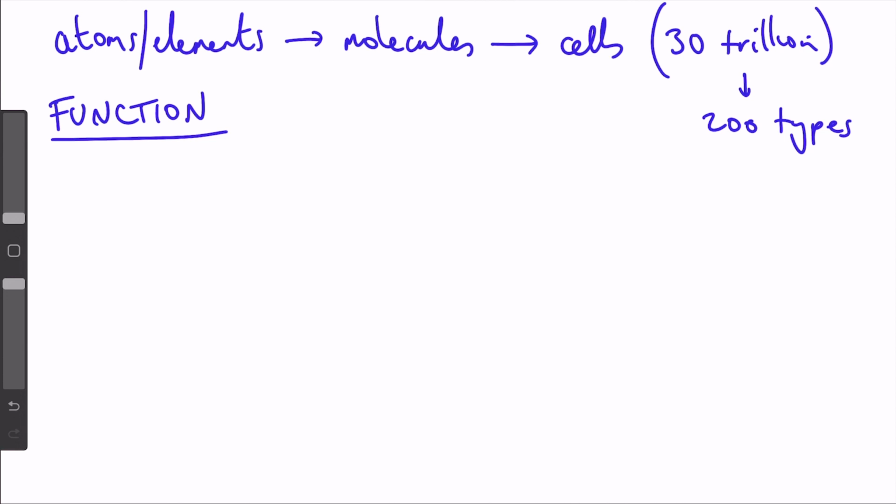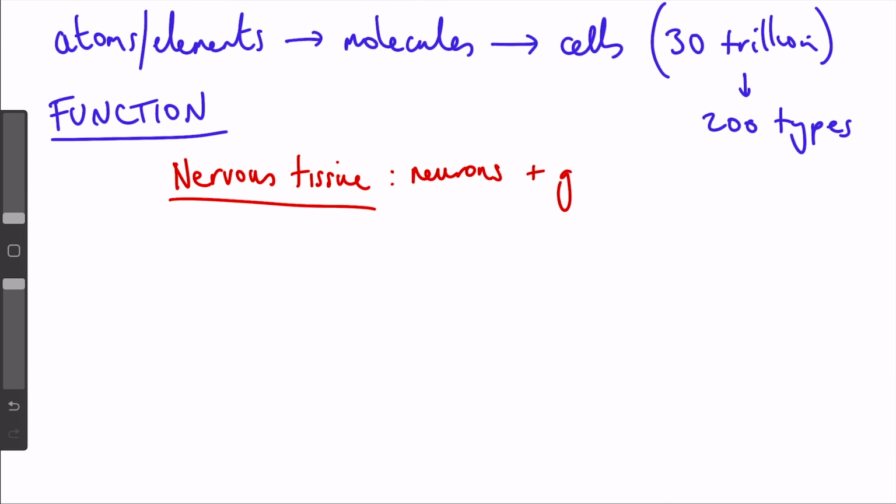So the very first tissue type I want to talk about is that of nervous tissue. And when I talk about nervous tissue, I'm referring to specifically neurons and glia. They're the 2 major types of nervous tissue.